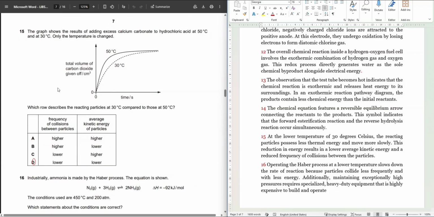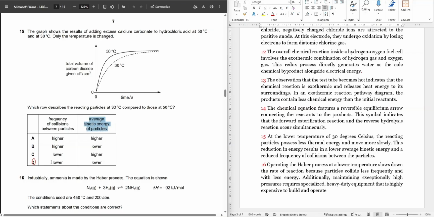Here a graph is given to us. The graph shows the results of adding excess calcium carbonate to hydrochloric acid at 50 degrees centigrade and at 30 degrees centigrade, where only the temperature is changed. Now they ask which row describes the reacting particles at 30 degrees centigrade compared to those at 50 degrees centigrade. In our table, the options are given alongside the headings: frequency of collision between particles, and average kinetic energy of the particles, which we have to look into.